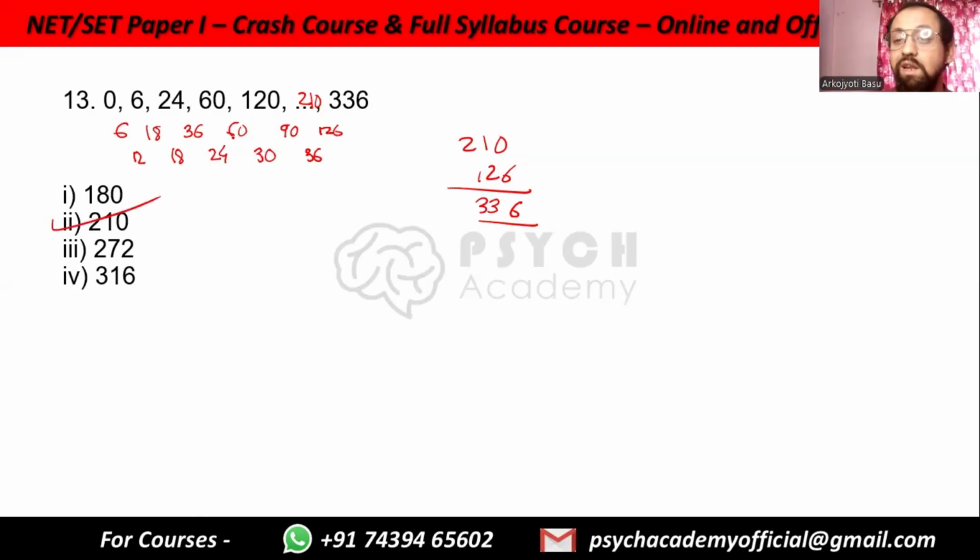So this is what we mean by a layered series. We first took the differences from the initial numbers, then from the first difference series we took a second layer of differences which had a consistent relationship, and we even verified that this is the correct one by using the 336.